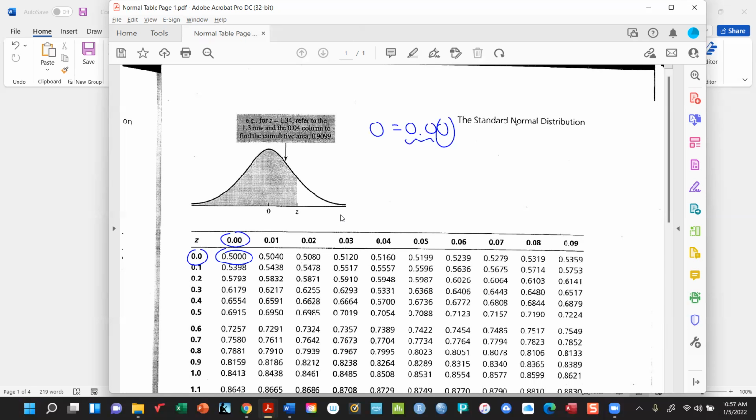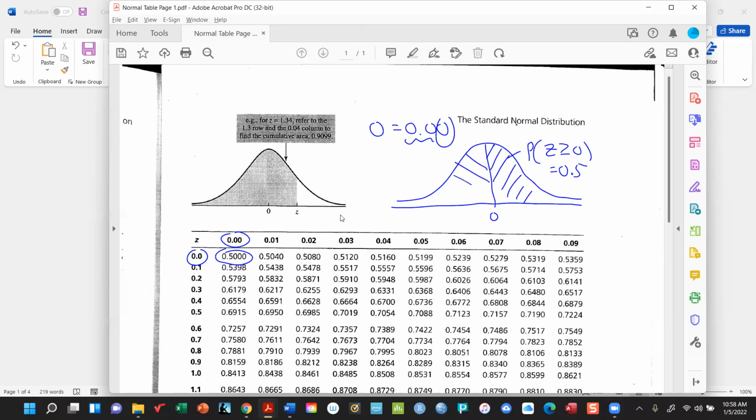But remember too, that by definition, since 0 is the mean, the probability of being above the mean is 1/2. The probability of being below the mean is also 1/2.